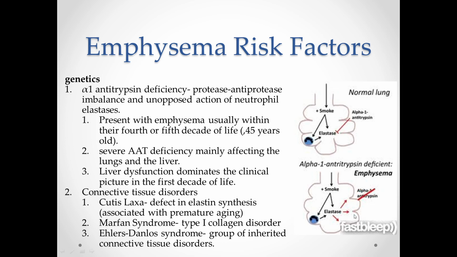In this picture, what this represents is alpha-1 antitrypsin inhibiting lung elastases, inhibiting proteases, and smoking activates them. But without alpha-1 antitrypsin, the protease or elastase is free to create additional, unchecked alveolar destruction, if I can use that terminology.